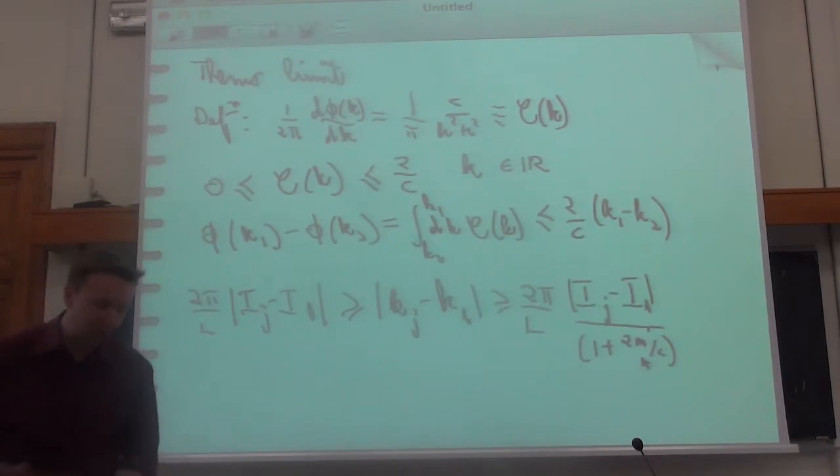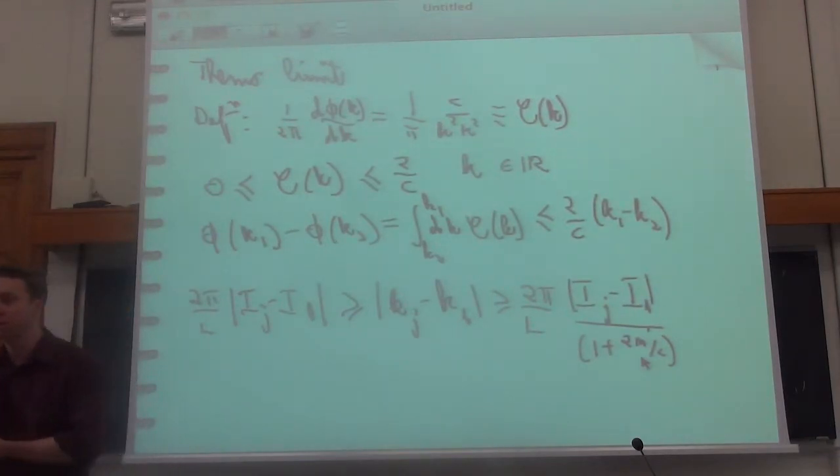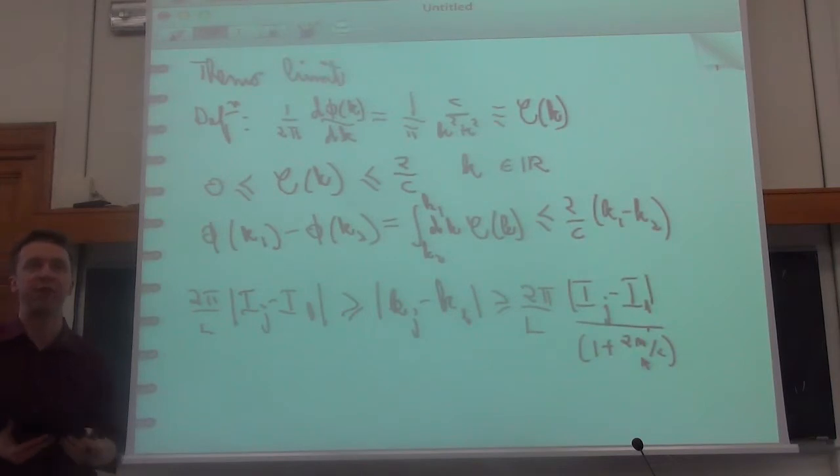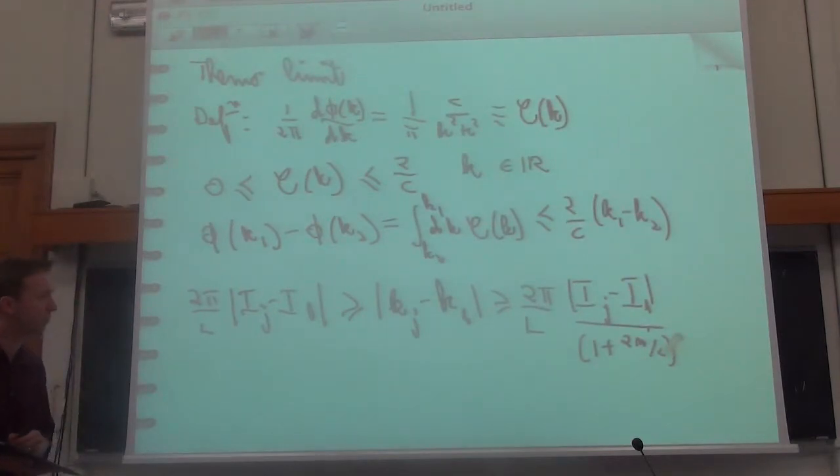Just a very simple pair of inequalities that gives you the range in which the differences between the solutions of the Bethe equations can vary for a given value of c and a given finite density. You remember little n, which is big N over L, is the linear density of particles in our system. Okay?